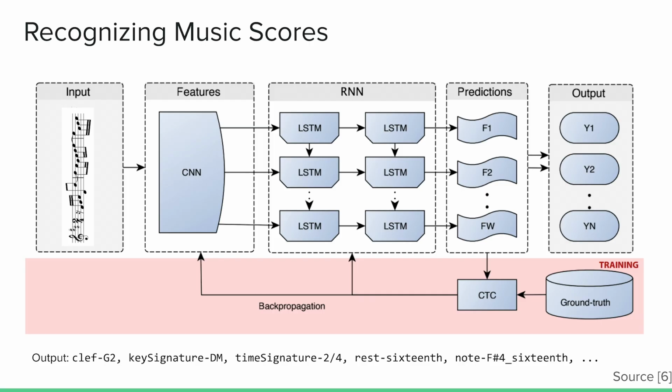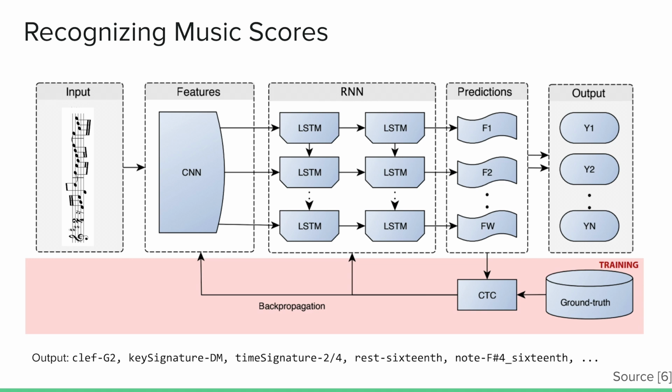For example, for recognizing music scores, one of the approaches that have been explored in recent research is that you take an entire stave of music scores, where you have all the scores, and you apply the same idea again. So you basically have this window that slides over the image, and you extract features for each of your window slices, and you feed that into an LSTM or a gated recurrent neural network.